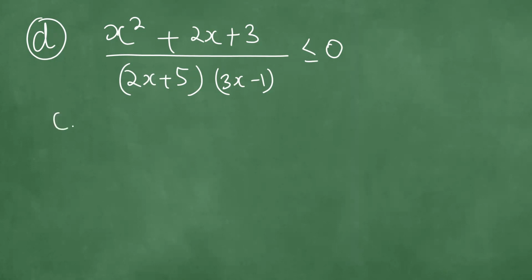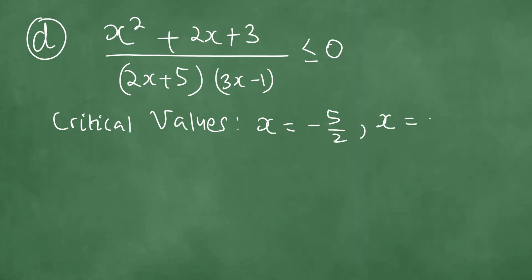At this point, we have the critical values. What are the critical values? They're exactly x equals minus 5 over 2, x equals 1/3, like this. And then if you look at this, we need to solve this and use these particular critical values and put everything on what we call a sign table.